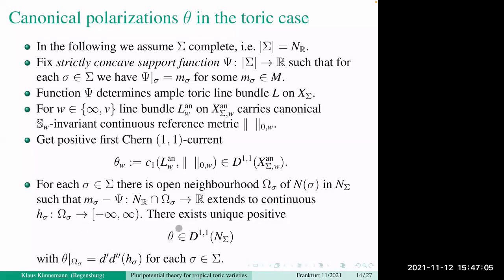Then you can find a unique positive current of type (1,1), theta, which is given as d prime d double prime of h_sigma. This is the construction of theta in the tropical setup, and you should just look at this as a kind of tropical analog of these currents here. We will later see that these thetas are also compatible with respect to tropicalization.